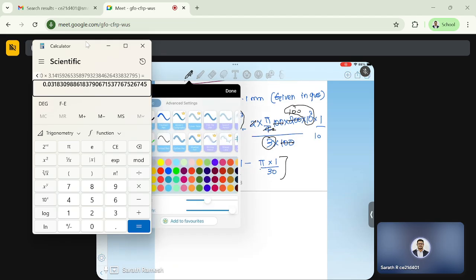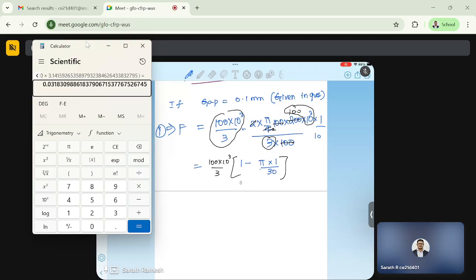So this will be equal to, let's use calculator, pi by 30 minus 1 times 100 into 1000 by 3.